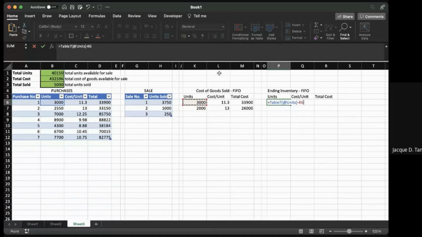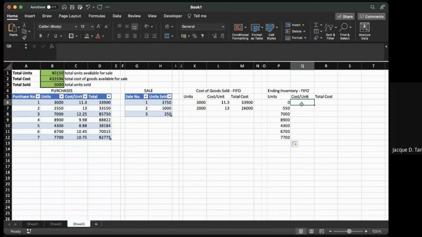So 3,000 here versus this one. And then we try to reference it until the end. And then we make use of an if function again. So if this is equal to 0, you display nothing. But if not, you display the price.